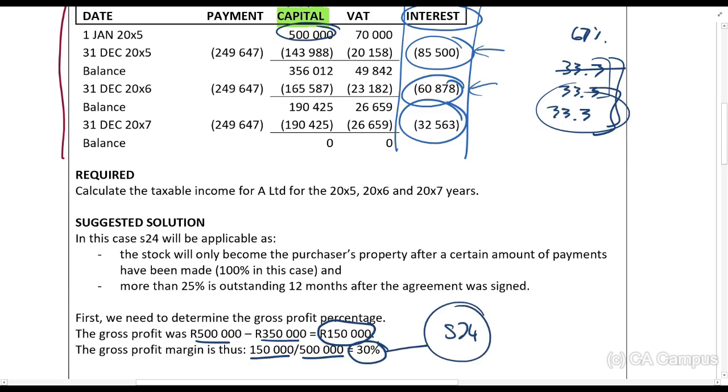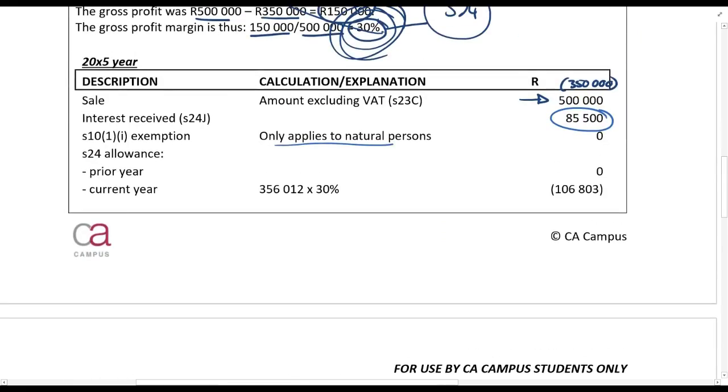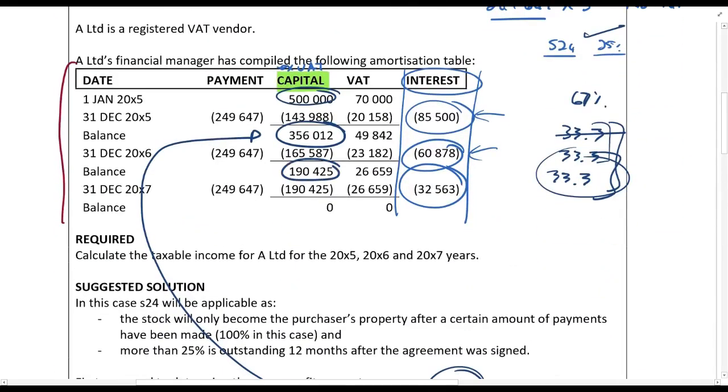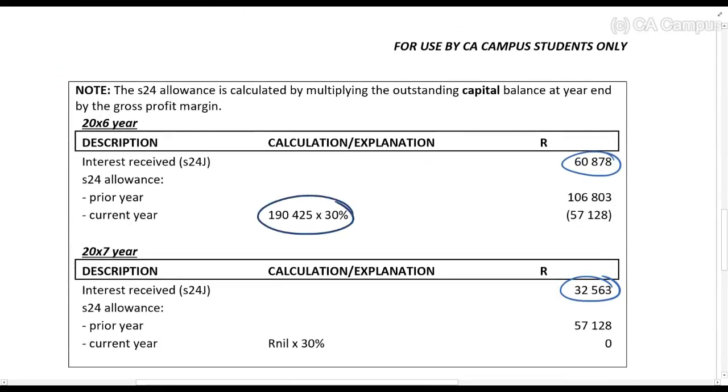Section 24 says you apply that gross profit percentage. Well, this is how it works. Section 24 just says the commissioner will tell you what the allowance is, but how it works is you apply that percentage to whatever the balance is that's outstanding at the end of the year. So 356,012 times 30%. In the next tax year, there's 190,425 outstanding, so that is what you apply it to.